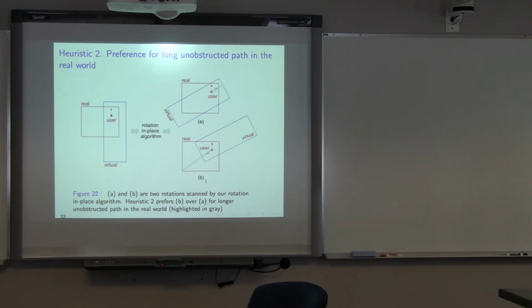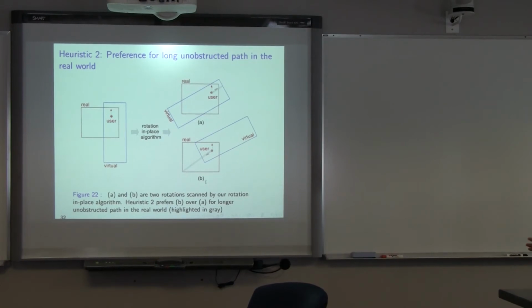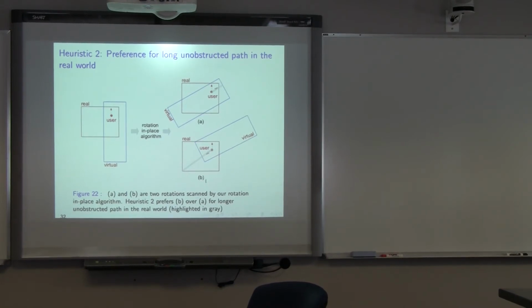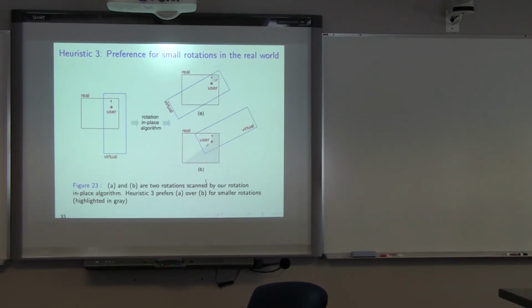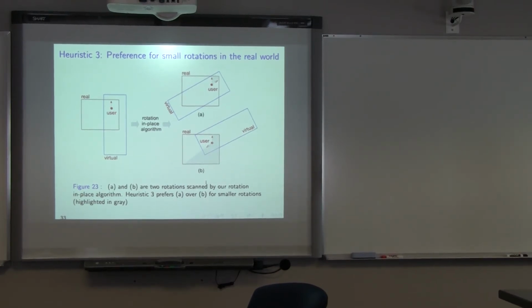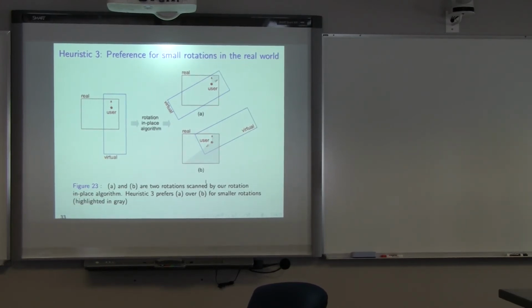So the second heuristic is to prefer a rotation that results in a long unobstructed path in the real world. When our algorithm detects the user's movement is a pure rotation, we scan all the rotations around the user and record each rotation as 0 degrees, 1 degree, 2 degrees, until 359 degrees.